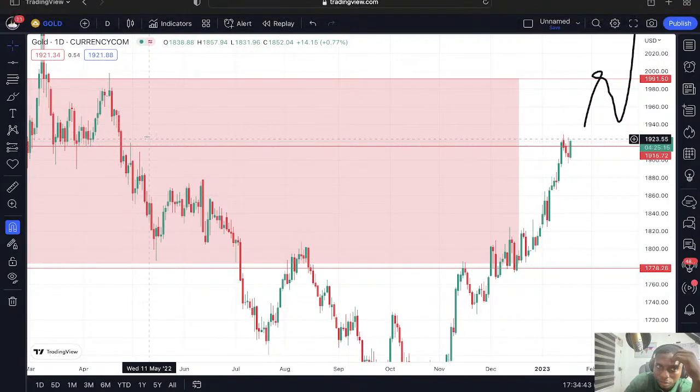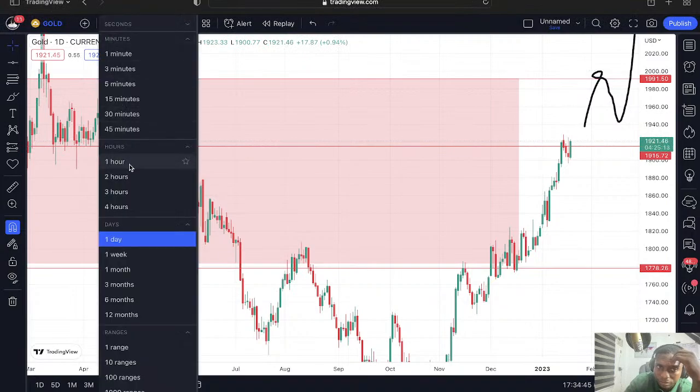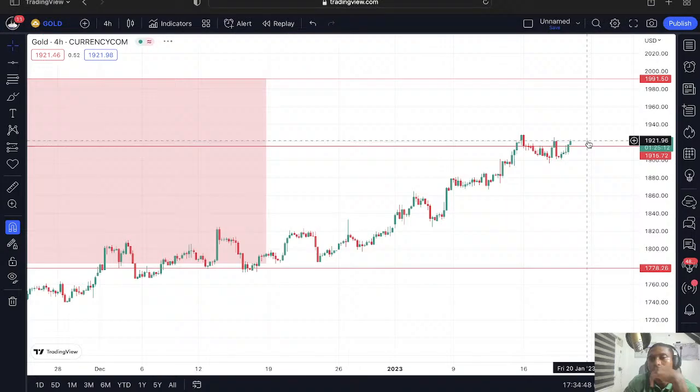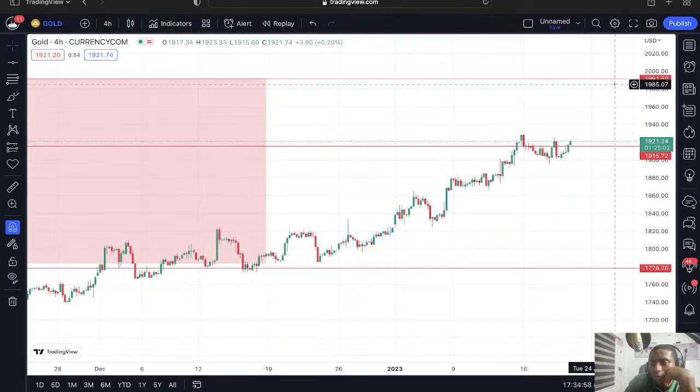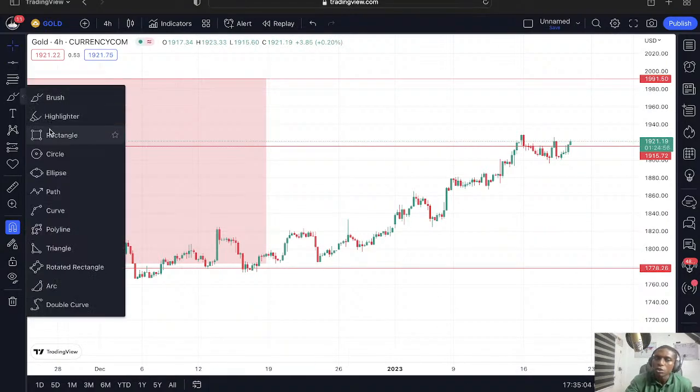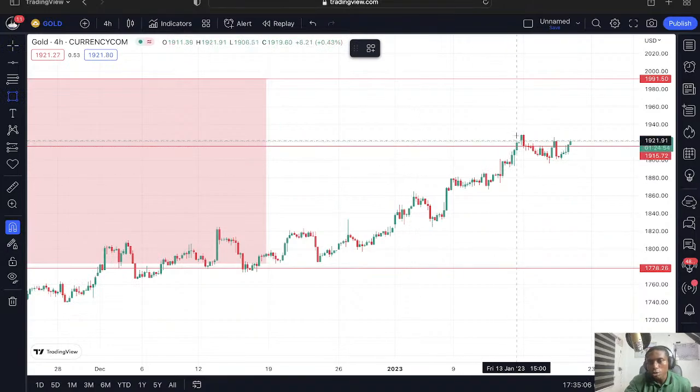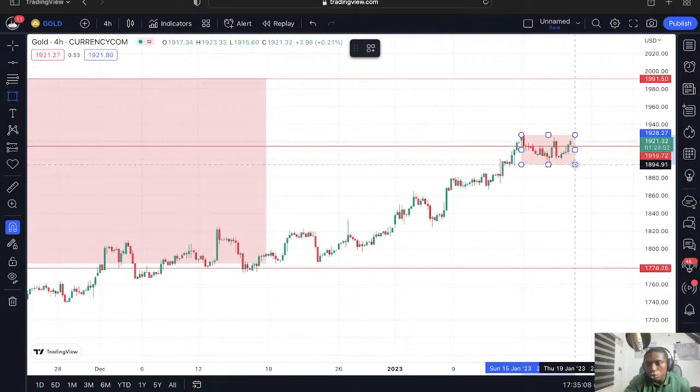So let's go back to the 4 hours time frame. So yeah, if this candle closes here or above, then the next candle will just rally here and most likely make its way up. So if you are actually looking to position yourself to get on gold, you need to look through this region.